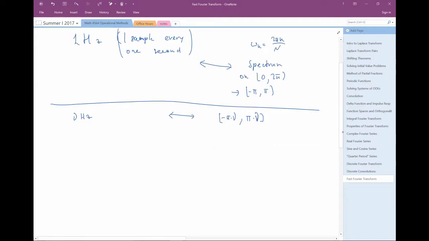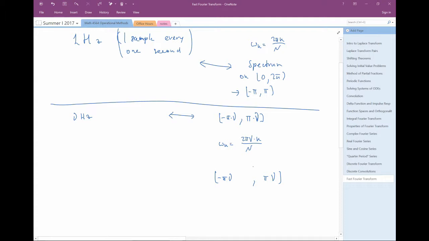And each one of those frequencies is going to be represented by the number omega k, which is going to have a multiple nu in there. So let me visualize this interval from minus pi nu to positive pi nu with the samples of the omega k for each k.